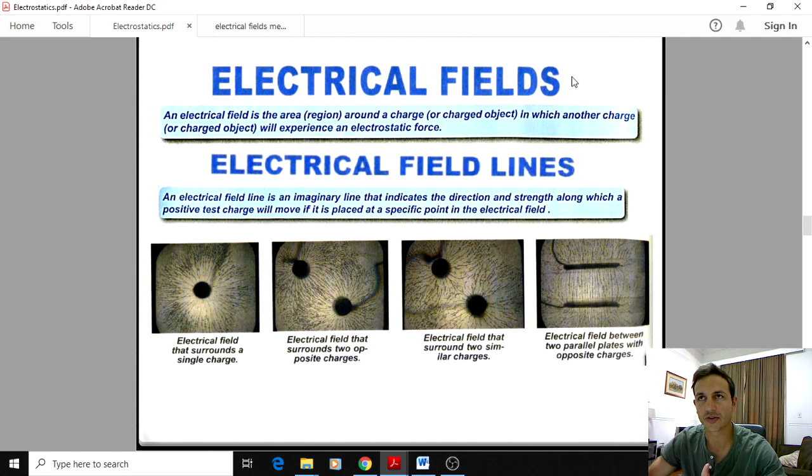It's going to be different to electrostatic force. Force is always measured in newtons. Electric field is related to it, and the definition here is: an electric field is the area around a charge in which another charge will experience an electrostatic force.